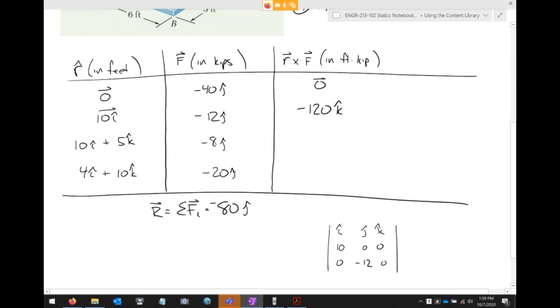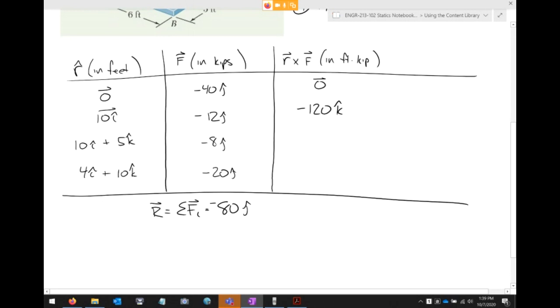Right? And so if you cross out the I and the J, you don't get any component there. If you cross out the J, that's going to be zeros. But the K, I'm going to have that minus that, and that's the only thing that actually gives me a number.